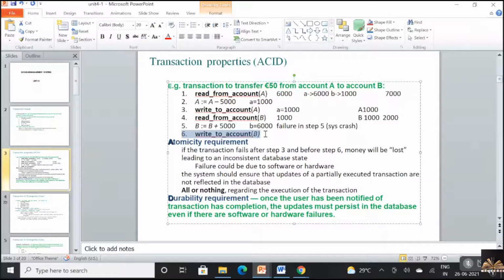So that means I have partially executed the transaction, and a partially executed transaction might leave the database in an inconsistent manner. That is the reason the updates made by a partially executed transaction should not be reflected in the database.